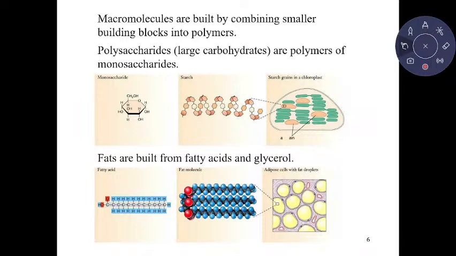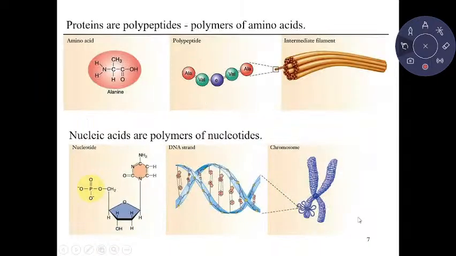Fats are built up of fatty acids and glycerol. Fatty acids and glycerol together form fats that are deposited in adipose tissues. Proteins are polypeptides. Polypeptide means there are so many peptide molecules like alanine, valine, so many, grouped to form an intermediate filament that helps in muscle formation.